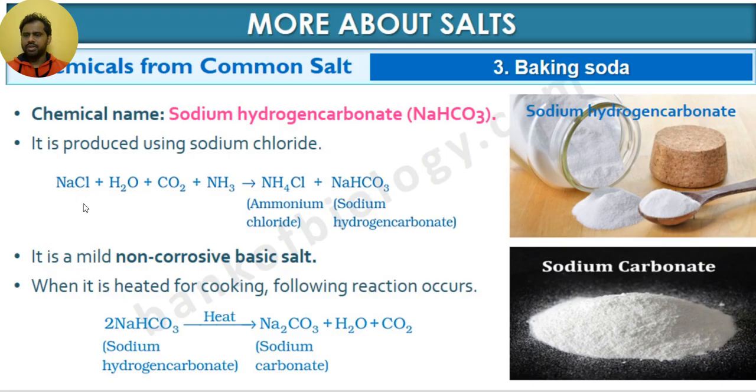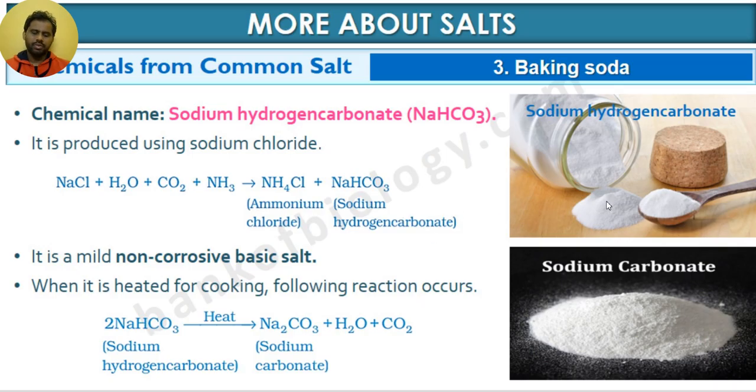Now, what is the process? NaCl plus H2O plus CO2 plus NH3, where NH3 is ammonia. When all these react, we get ammonium chloride, NH4Cl, plus NaHCO3, sodium hydrogen carbonate.